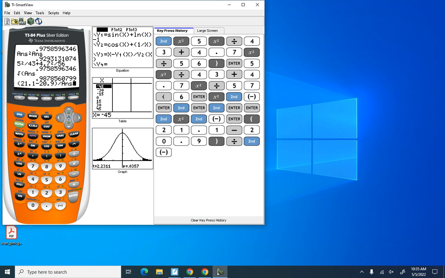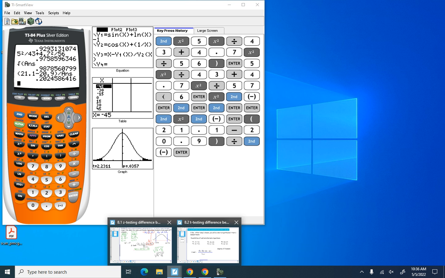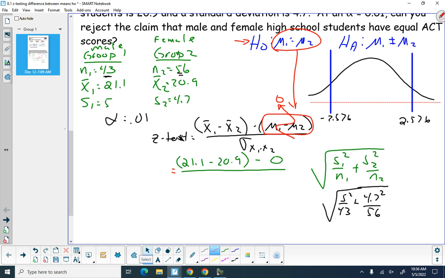That pulls down this answer that you just had here. Okay, so you don't have to recopy. Again, KYC, know your calculator. We get a value of 0.202, which throws us right here.